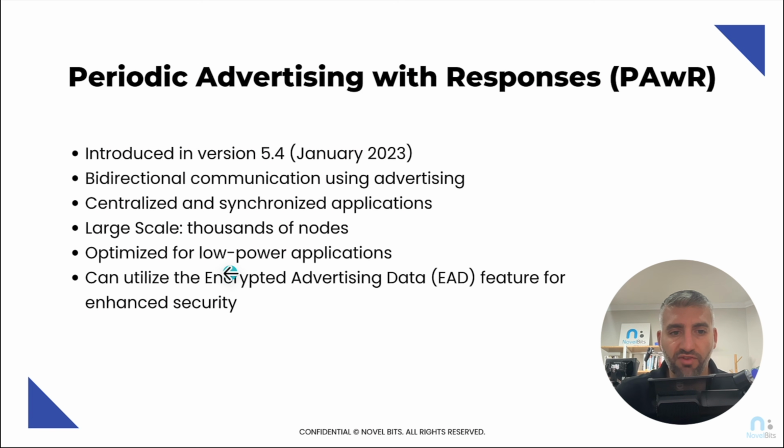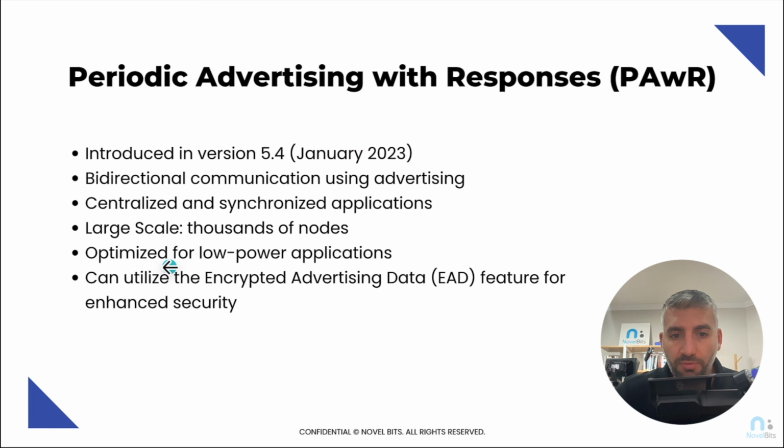So it varies across the different use cases, but you can basically group specific devices within those thousands of nodes and have them receive specific types of data or a specific type of packet, and then these devices could act based on the information that's included in that packet and act at the same time. So it gives you the power to create synchronized behavior for groups of devices, or even just all thousands of nodes together.